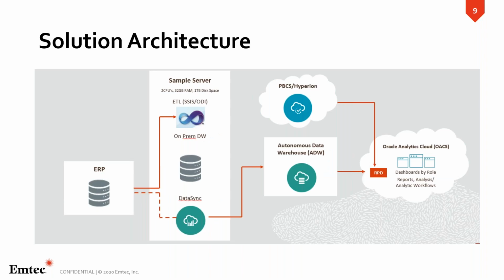Just to briefly cover at a very high level the solution architecture here. This represents, again, at a very high generic level, the FVA solution. We're pulling data in from the ERP. Now, this can be done both from an on-premise ERP or a cloud ERP system into the Oracle Autonomous Data Warehouse.